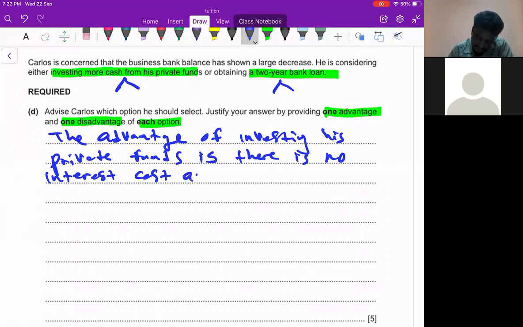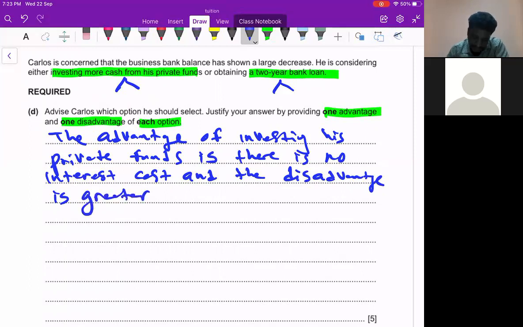Okay, and the disadvantage is, it's your own money. Your own money, you invest. If anything goes wrong, the money gone. So there's a greater personal risk.